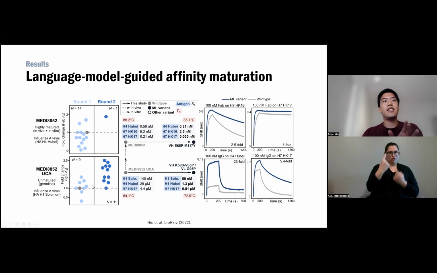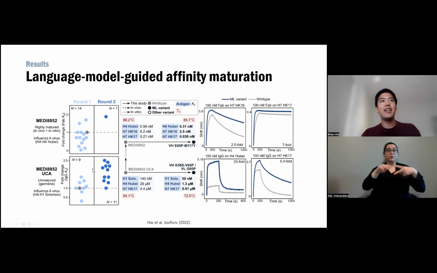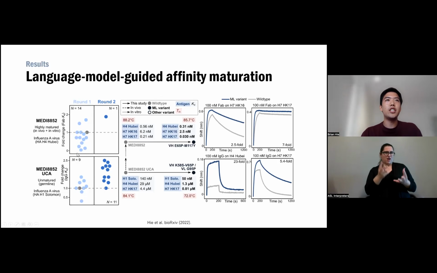So first, I'll just look at the METI 8852 trajectories. There's a lot going on in this figure, but I'll walk you through it step by step. This strip plot shows the fold change in KD, a measurement of binding affinity, in the first round of evolution.